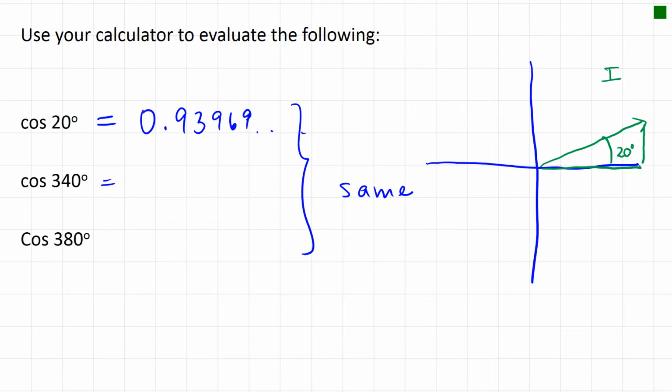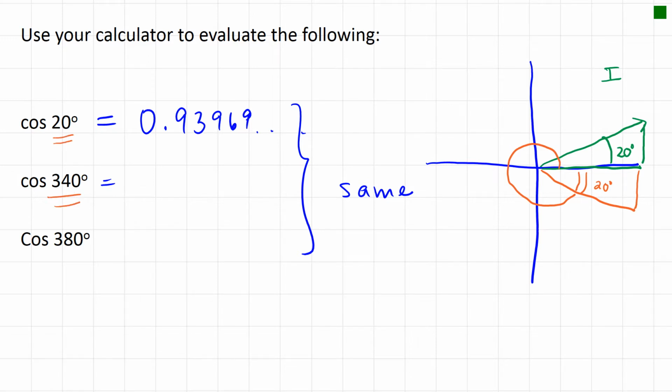340 degrees is in the fourth quadrant, so it is going all the way around nearly to 360, and in the fourth quadrant it is also going to have a reference angle of 20 degrees. So it's the same size triangle that is created with the x-axis for 340 degrees as with 20 degrees.